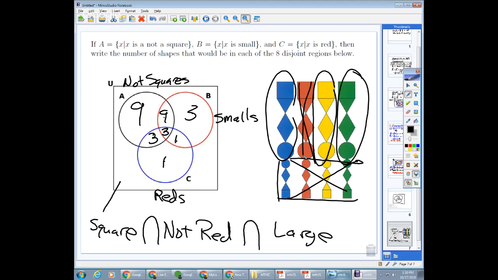And then I got to be square. So that means I want this guy, or that guy. So there looks like there are 3 things that are square, large, and not red. The order I do those doesn't really matter, turns out. Kind of like multiplying numbers. You can multiply in any order you want. You can add in any order you want. So I think there's 3 shapes that live outside of those 3 circles.